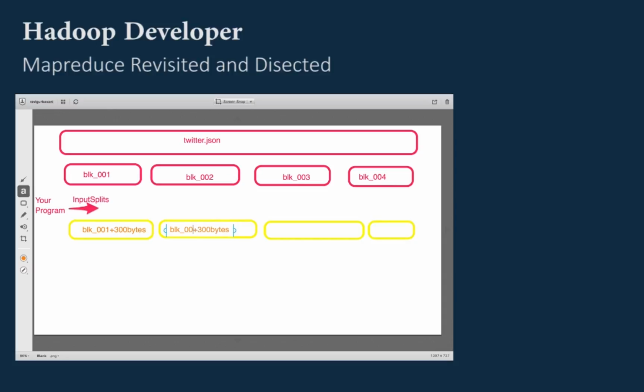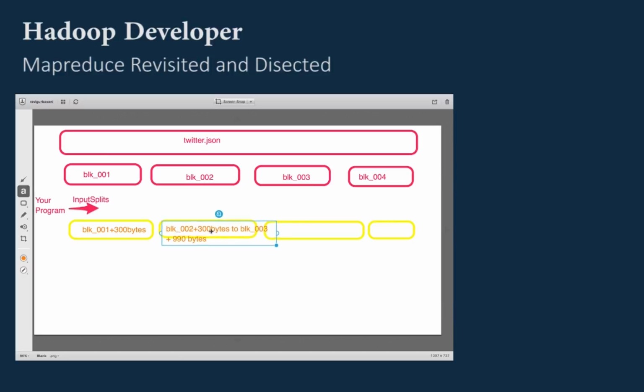And it starts from BLK 002 plus 300 bytes. So we've already lost 300 bytes. To let's say BLK 003 plus 990 bytes. So this is logical right now.